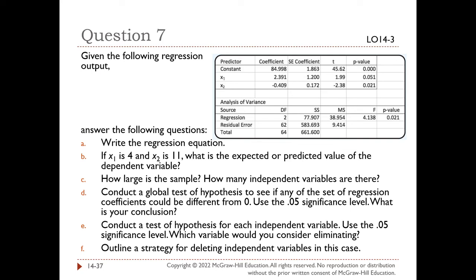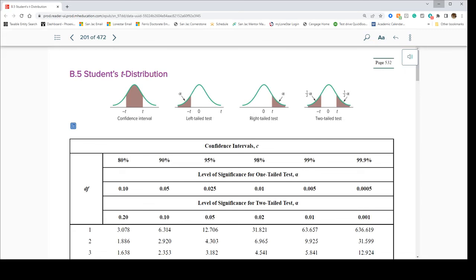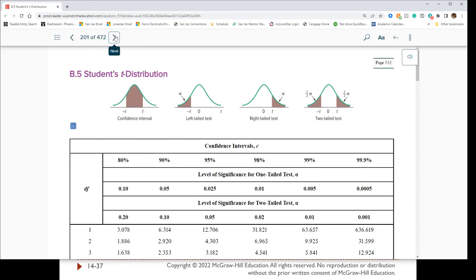The null is beta 1 equals beta 2 equals 0. The alternative is they don't all equal 0. First, we have to figure out our F test. We have the number here. That's the calculation, but we need our book.